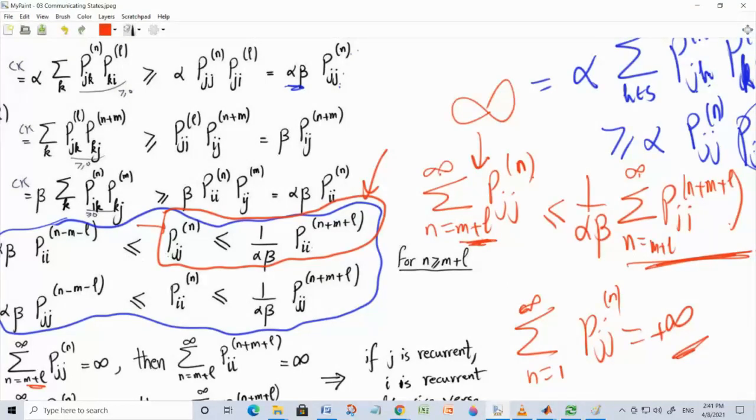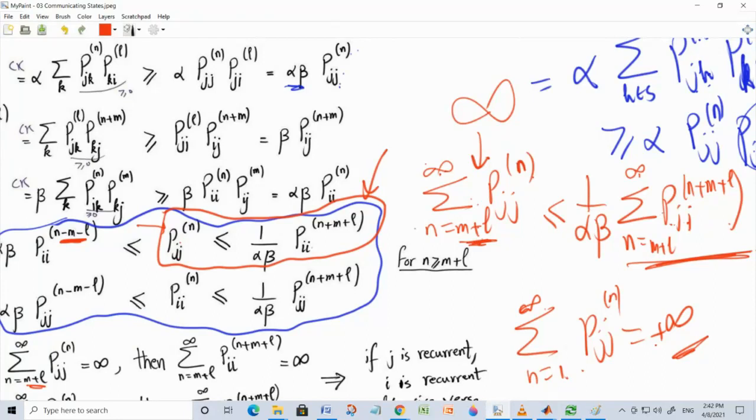Again, the argument is that if you have this inequality, you sum both sides from n plus L to infinity, so that you don't have a negative index here. But not a problem. If J is recurrent, then the sum from 1 to infinity is infinity. The sum from any finite number to infinity is infinity. It's a lower bound on the sum of Pii.